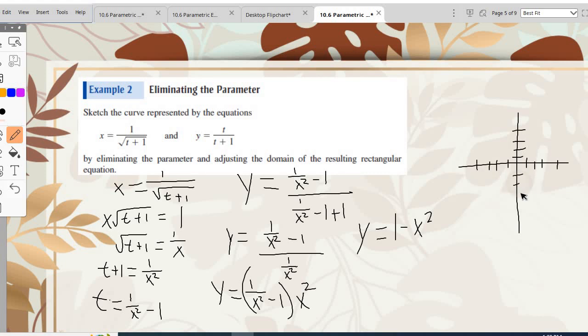Difference of squares. What's that graph look like? What kind? It's upside down, and it's been moved where?